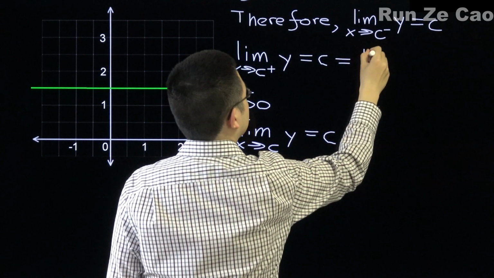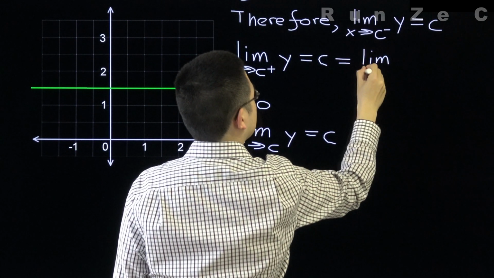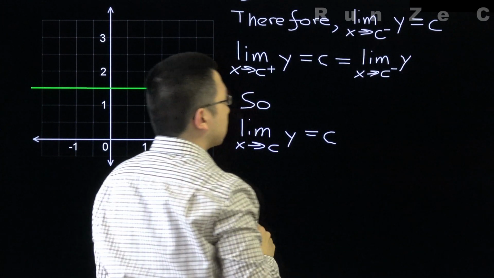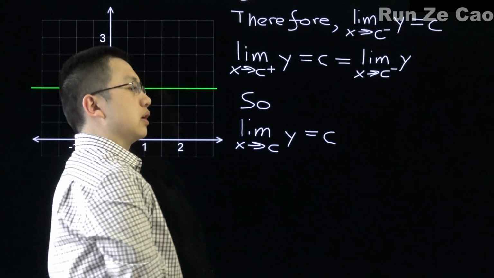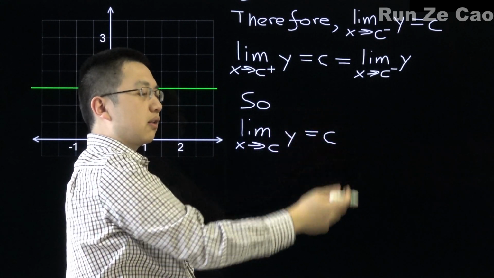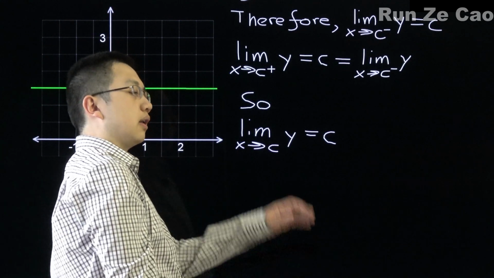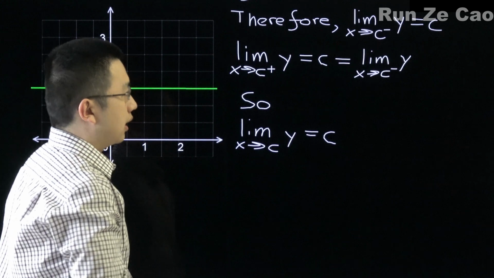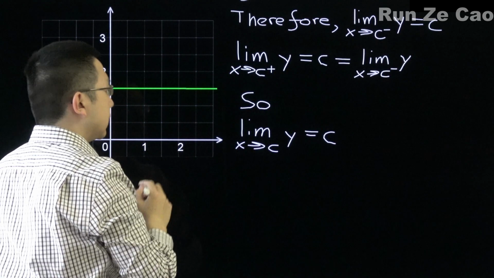We should probably note down that this is equal to the limit of x. What teachers tend to look for and markers tend to look for is the limit from the left hand side equals the limit from the right hand side, or left side limit equals right side limit. And we've given it to them. Okay.